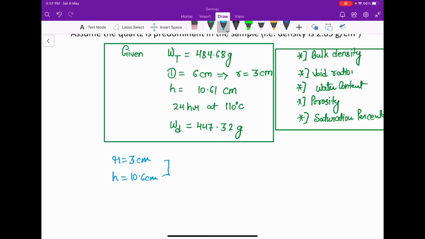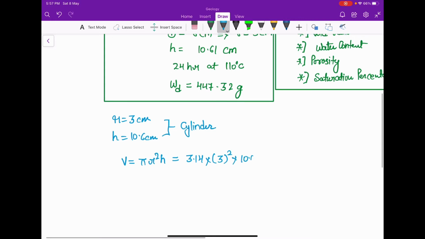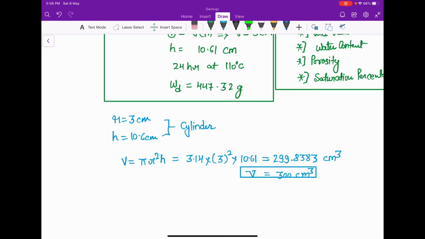The core is in the shape of a cylinder, so the volume of the cylinder will be pi r squared h, that is 3.14 into 3 squared into 10.61. That gives near about 299.8386 centimeter cube, or we can consider it 300 centimeter cube. So the volume is 300 centimeter cube.